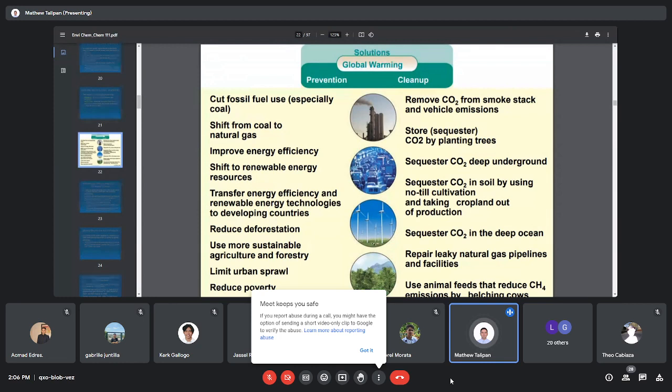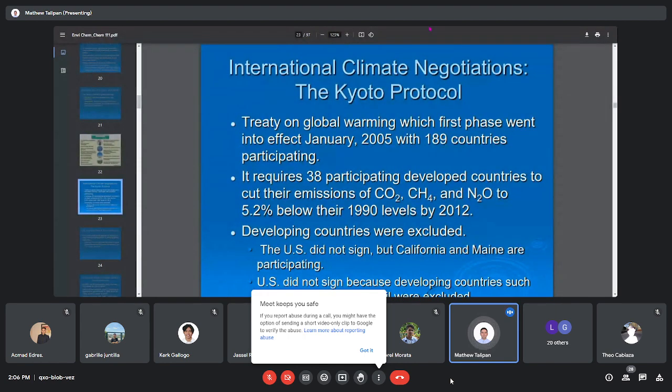So we actually need to balance between the demand and the impact of all the activities we do on the environment. Part of the solution here is that different countries have agreed to cut back their emissions 5.2% below the 1990 levels by 2012.